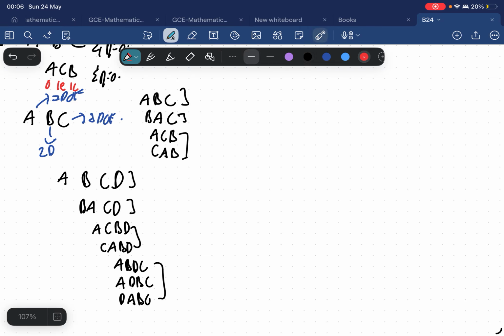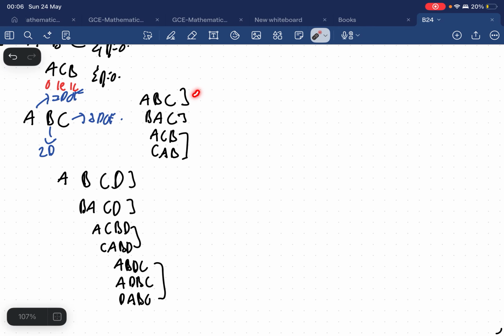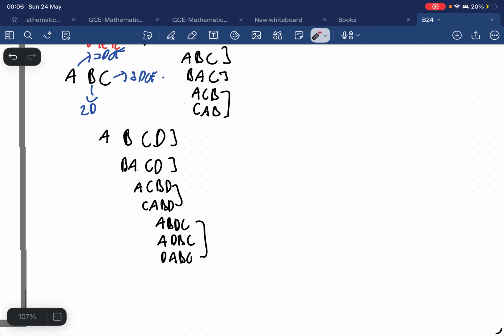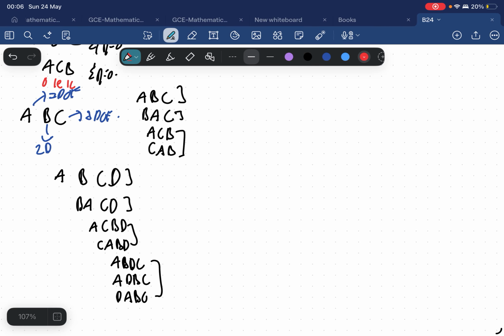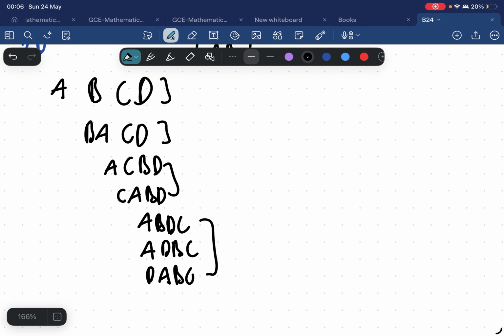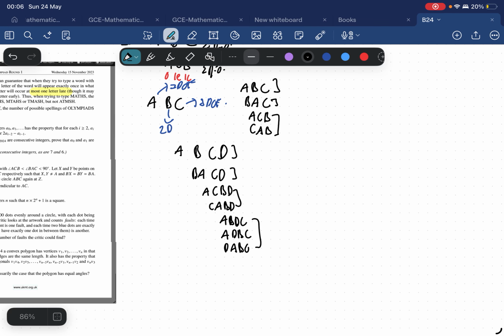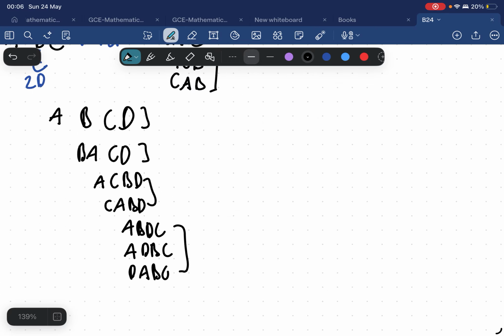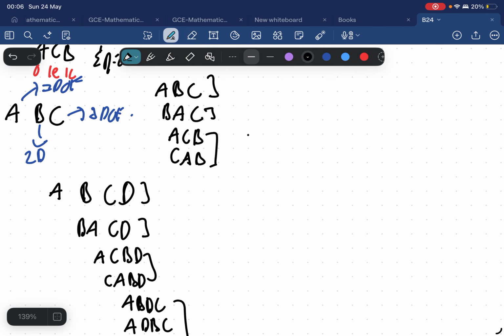So we have 1, 1, 2, 1, 1, 2, 3. So I'm gonna say it's gonna be in the form of something. This is n is equal to 4. Yes, for this one actually, n is equal to 3.